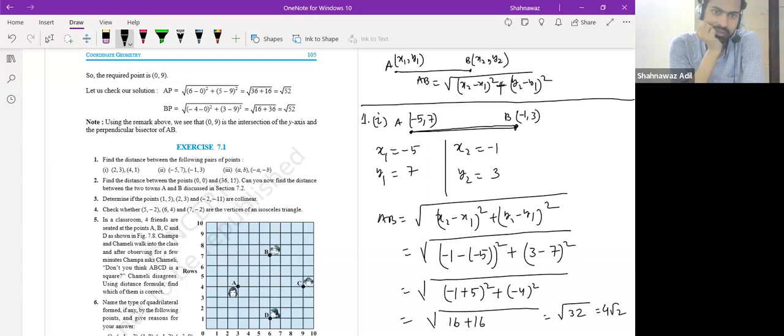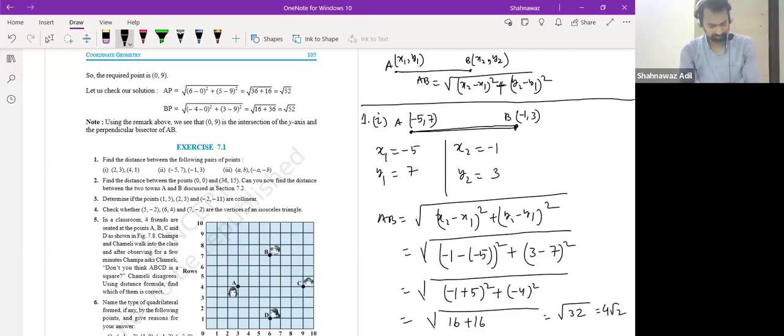Second question, I will quickly do. Third would be Shaiva. So Shaiva will be doing the third problem.